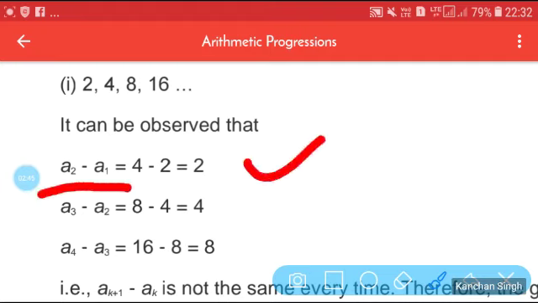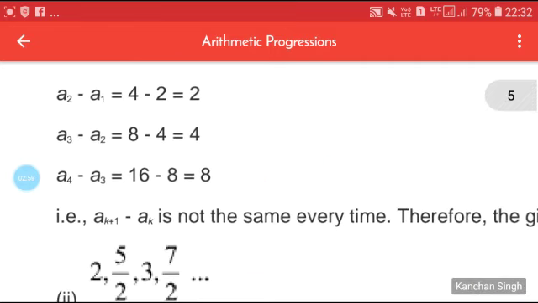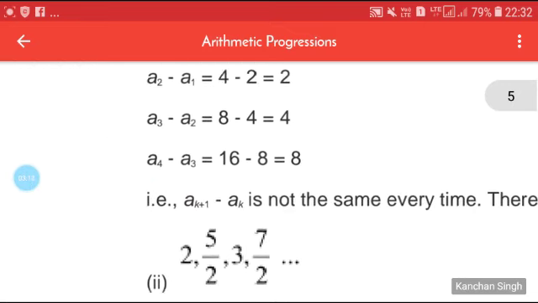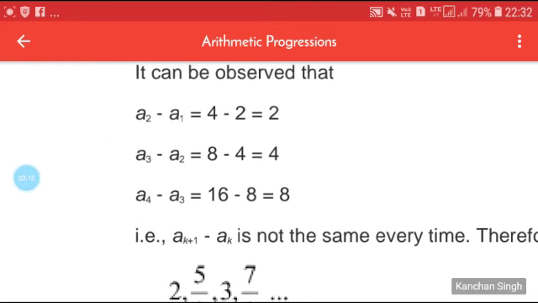Again 8 minus 4, that is 4. a4 minus a3: 16 minus 8, that is 8. Do you observe that ak plus 1 minus ak is not the same everywhere? As I told you, if D is the same, then only it is in AP form. Therefore the given numbers are not forming an AP, because D is not the same.